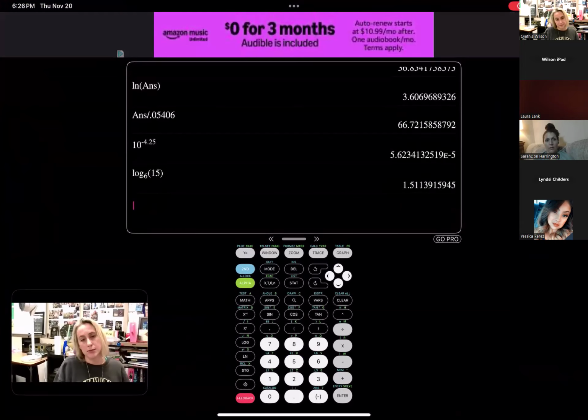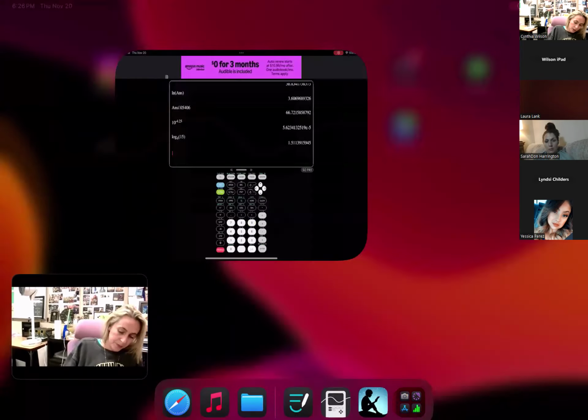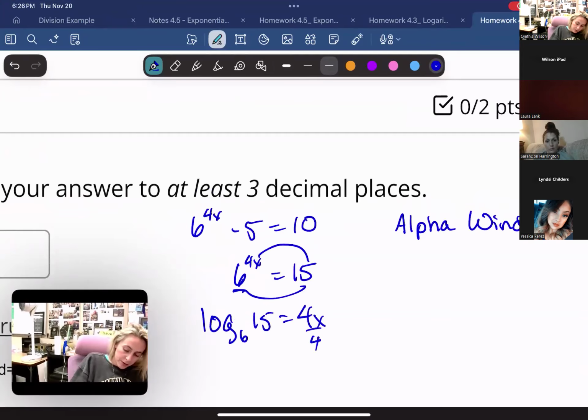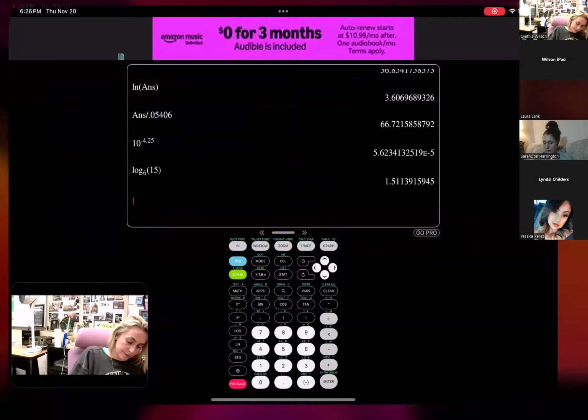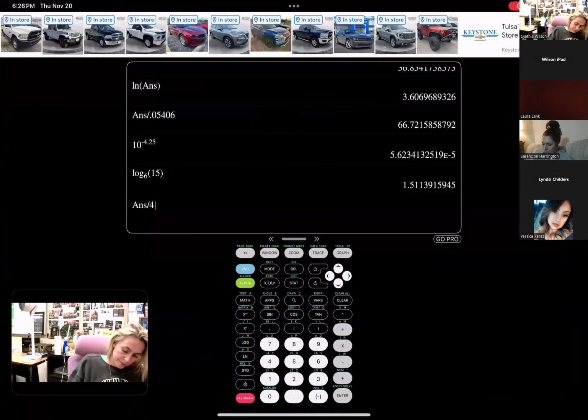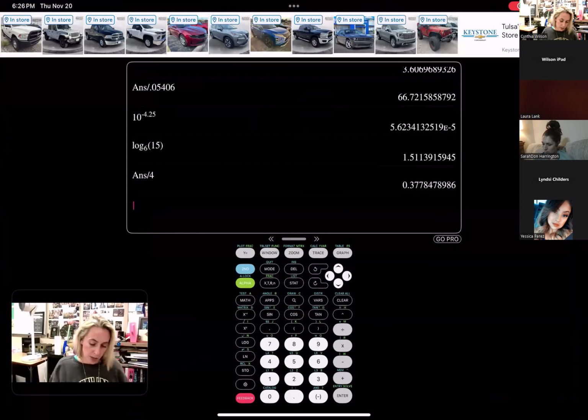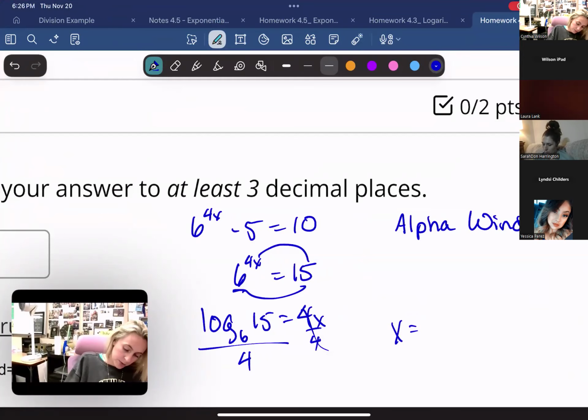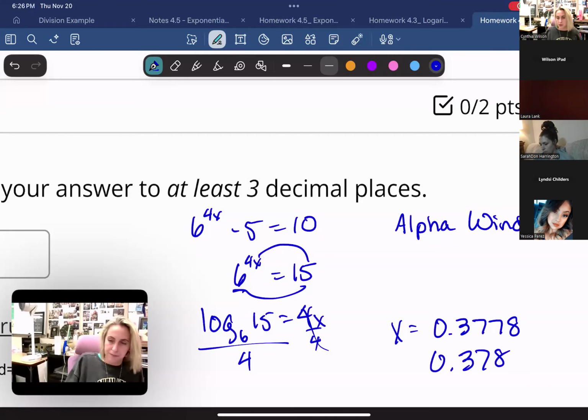So I want to get this decimal. And then I'm going to divide everything by 4. So we get 0.3778. That's going to be 0.378, 3 decimal places.